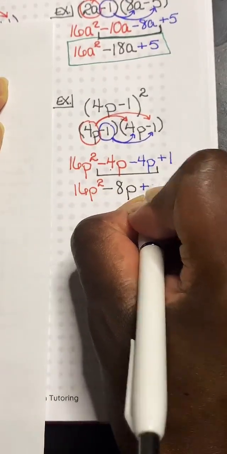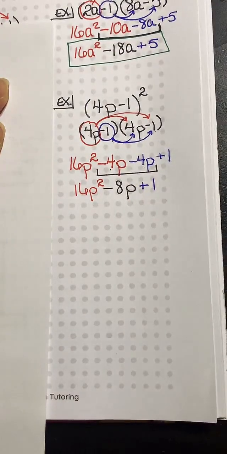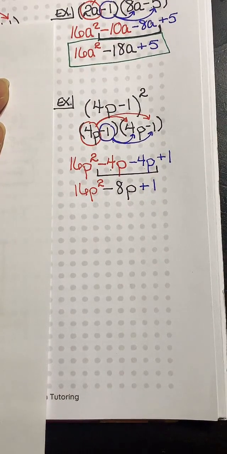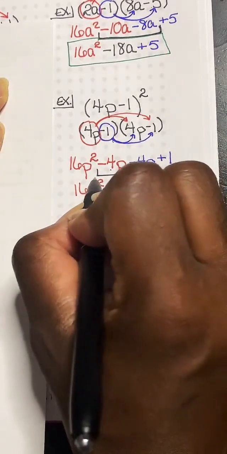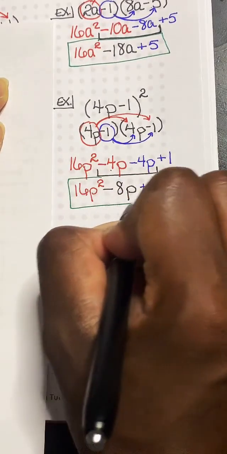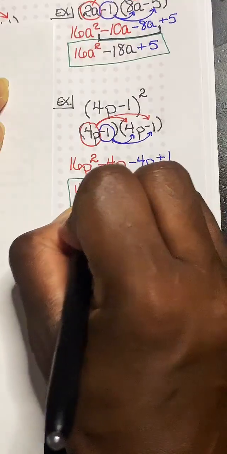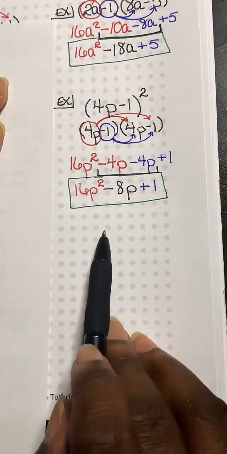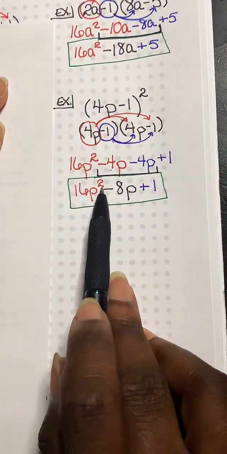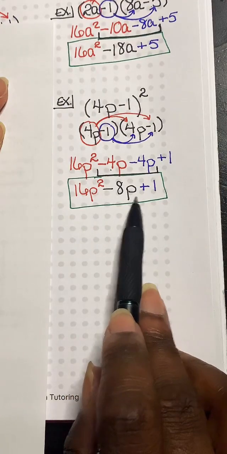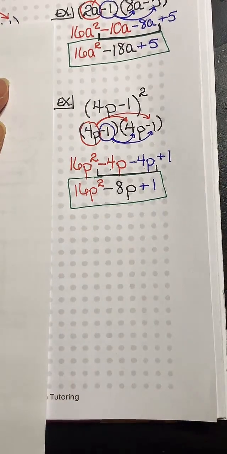Then we bring down the +1. We don't have any more like terms to combine, so we got our 16p squared minus 8p plus 1.